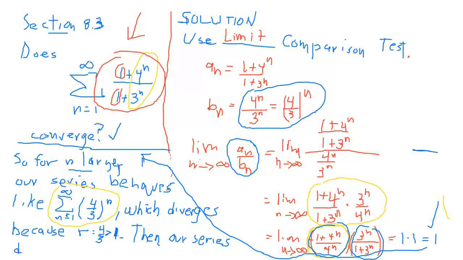Our series diverges as well, because the terms of our series resemble the terms of that divergent geometric series when n is large.